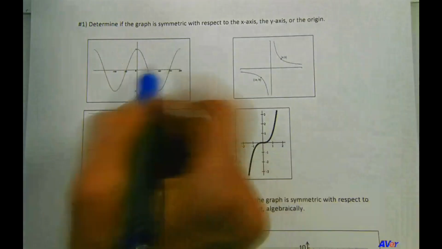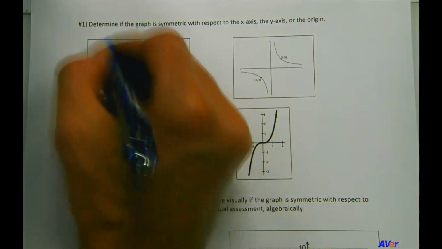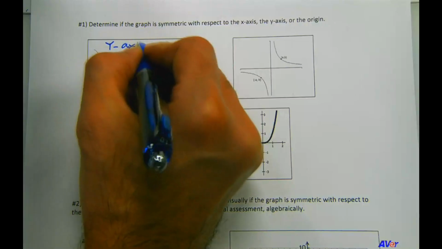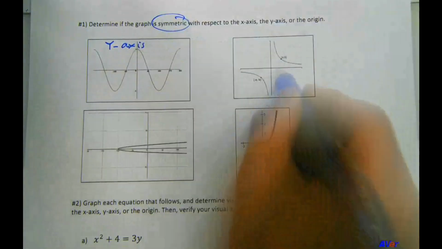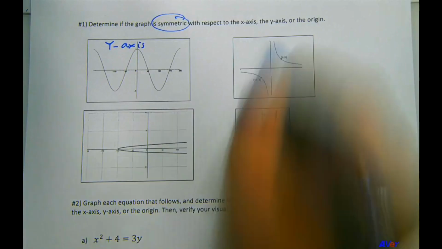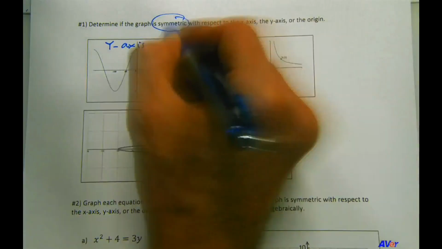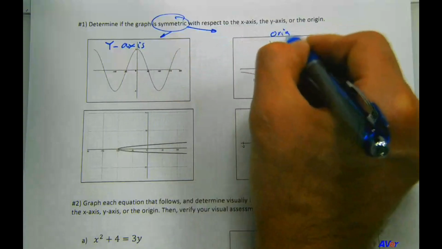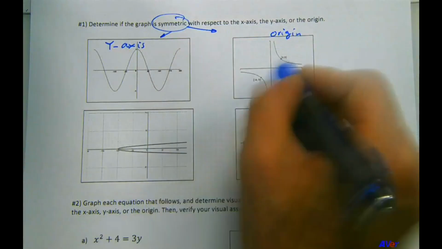Now here, looking at this, it is symmetric with respect to the y-axis. How about this one? This is symmetric with respect to the origin. Like that, origin. How about this one?